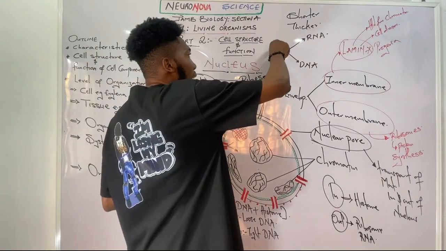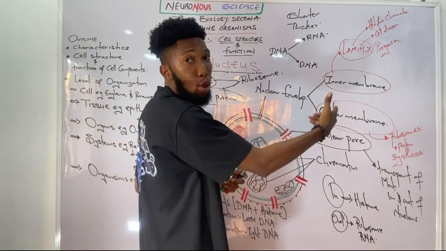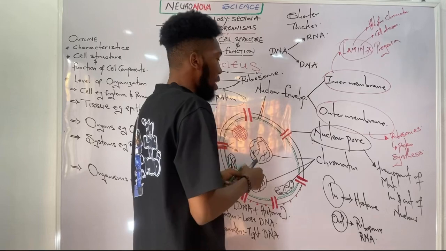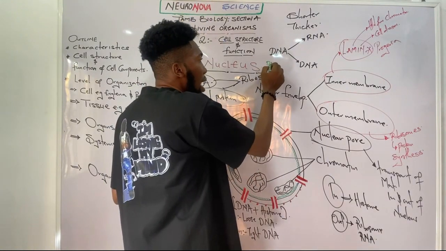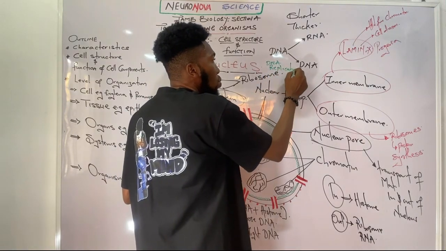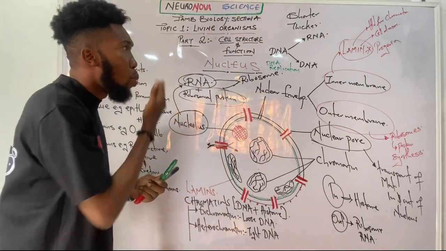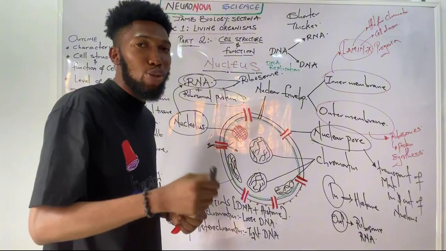Now, when the chromatin use DNA to synthesize another DNA, we call that DNA replication. But when DNA is used to produce RNA, you call it transcription.